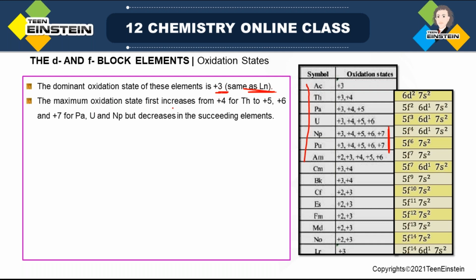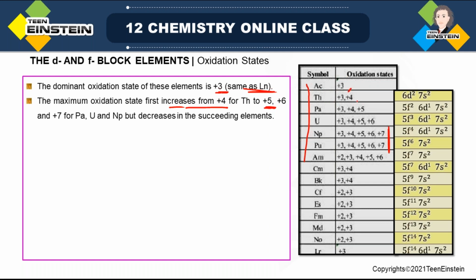The maximum oxidation state first increases from +4 for thorium to +5, +6 and +7 for Pa. So starting from Ac, it is +3. Then gradually it is increasing.